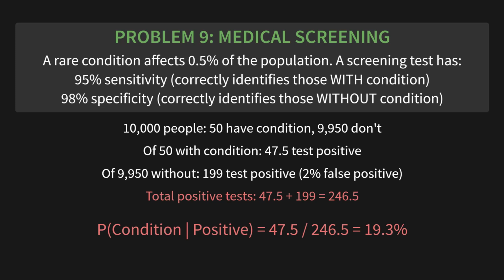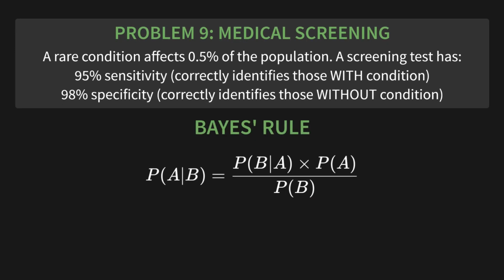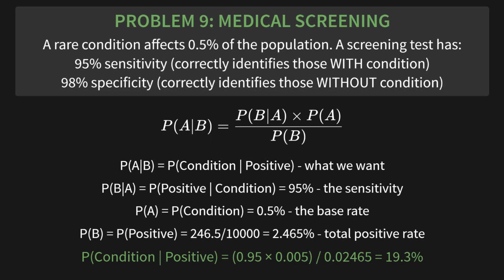It's because the condition is so rare that even a small false positive rate creates way more false alarms than true positives. This is Bayes' rule in action. It forces us to consider not just the test accuracy, but also how common or rare the condition is. When something's really rare, even great tests produce mostly false alarms.